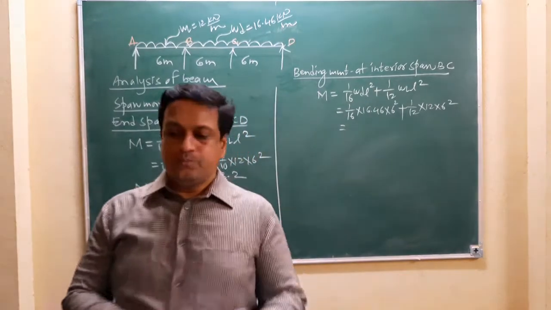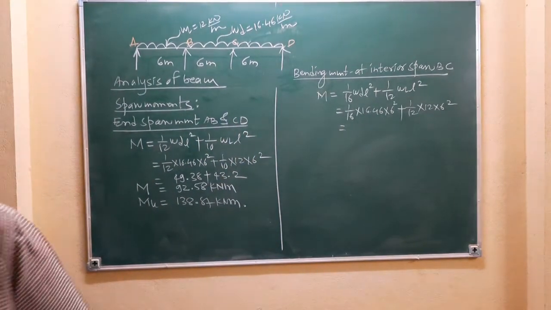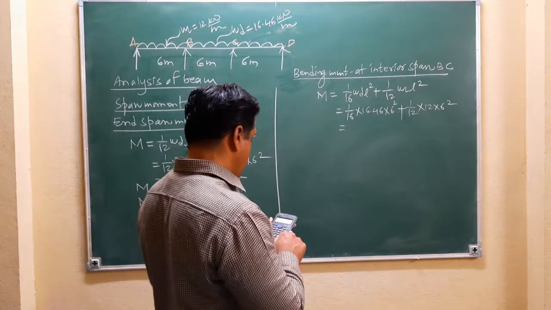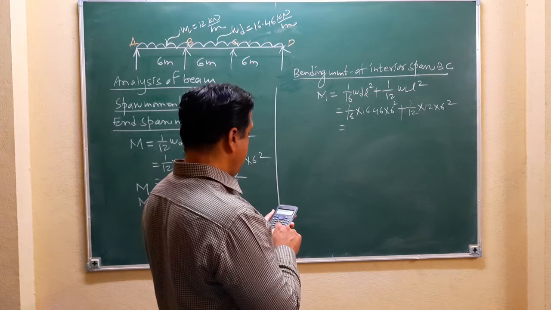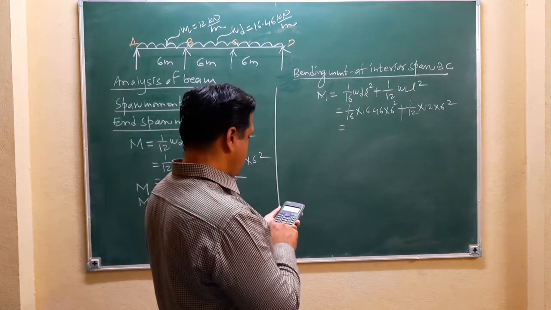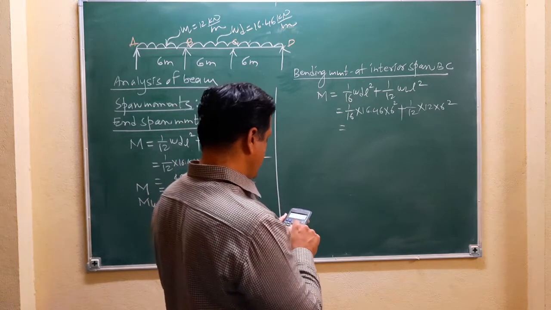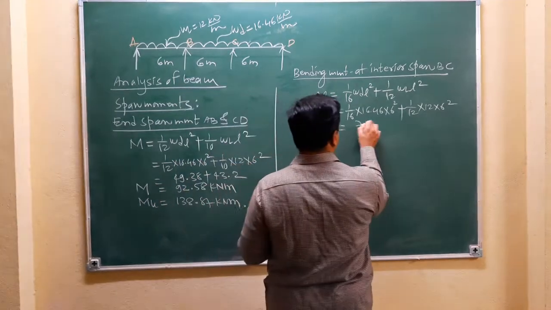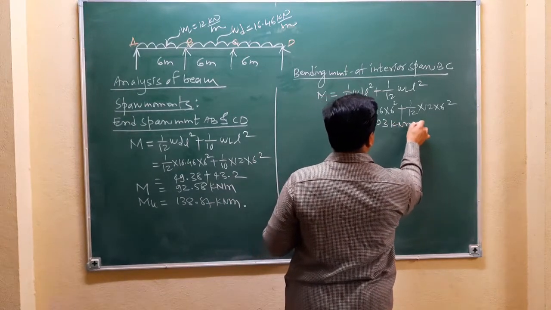So what is the value? 1 by 16 into 16.46 into 36 plus 1 by 12 into 12 into 36, this value is 73.03 kilonewton meter.